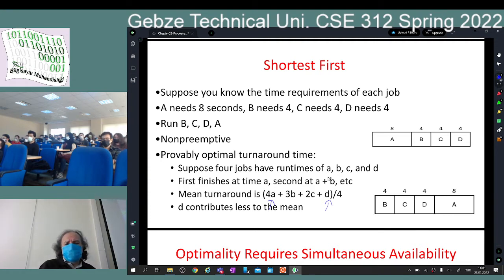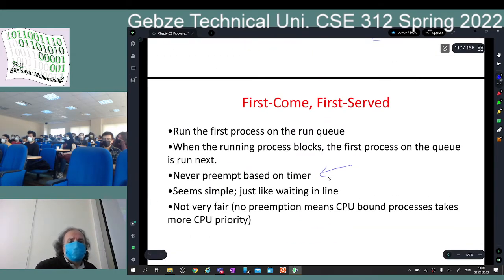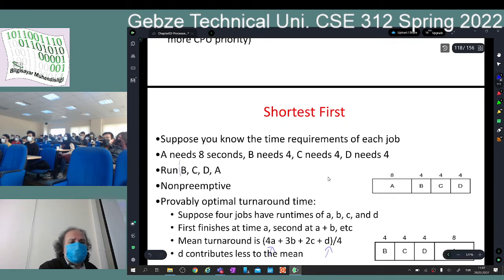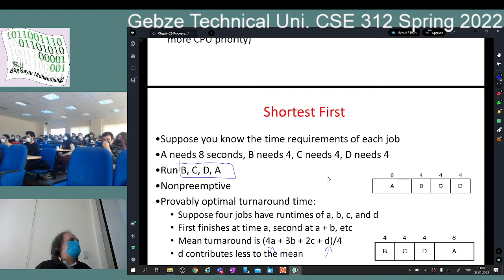That's because in this case we assume, and this rarely happens, and for first come first serve too, that all these jobs are available when we start scheduling, but this doesn't happen, right? When you come to work in the morning at 8 o'clock and you see that 4 jobs are available and you start running, this doesn't happen in the computer world. Things are dynamic, okay? First you have a job.